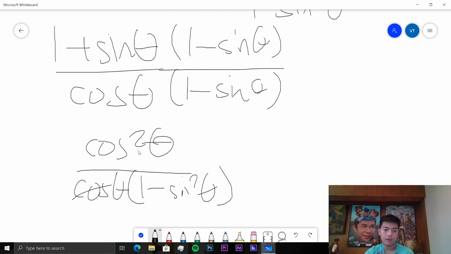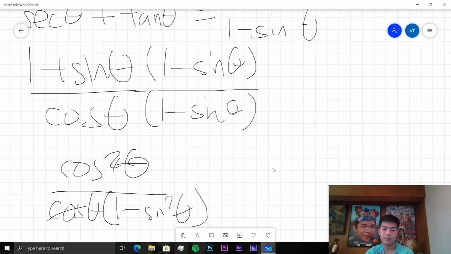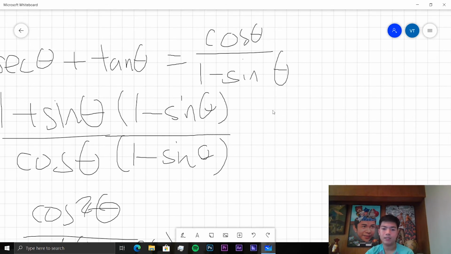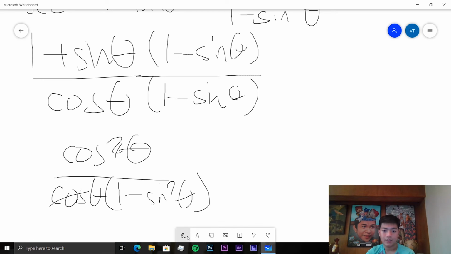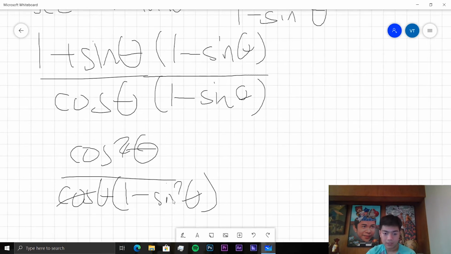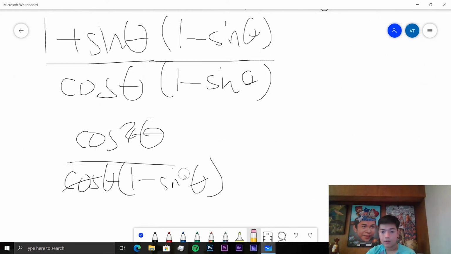And so if we divide cosine from both top and bottom, we get cosine theta over 1 minus sine theta, not sine squared. That's just normal sine.